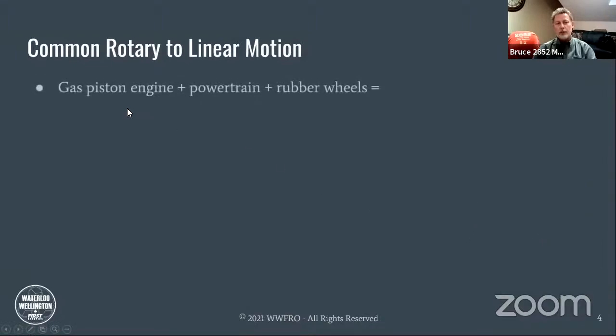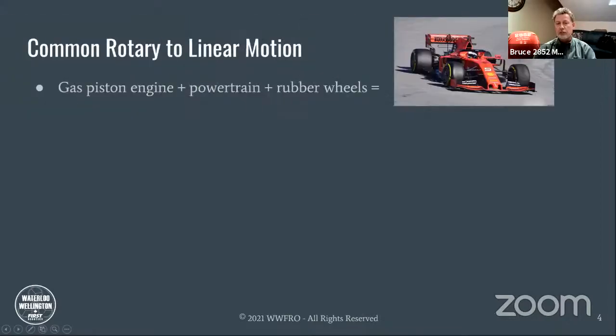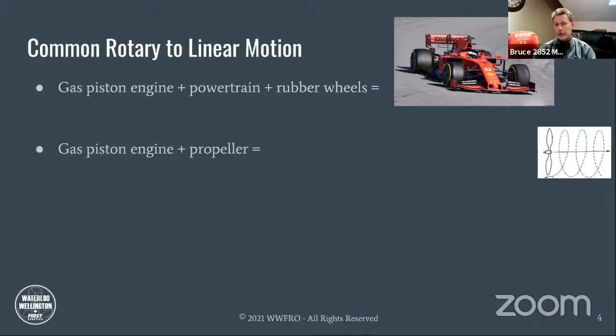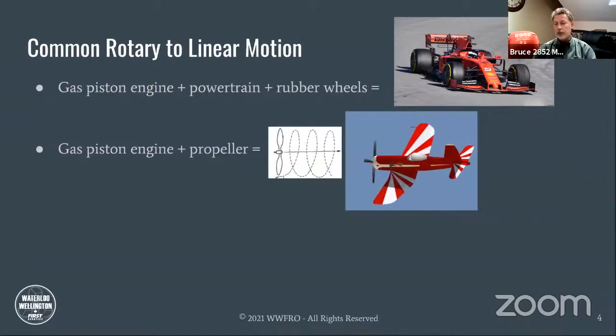If you take a gas piston engine, attach it to a powertrain and some rubber wheels, you might get something that looks like this. If you have a gas piston engine connected to a propeller, you might get something that looks like that.